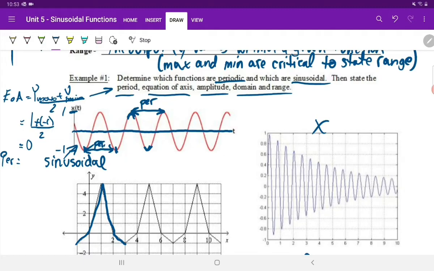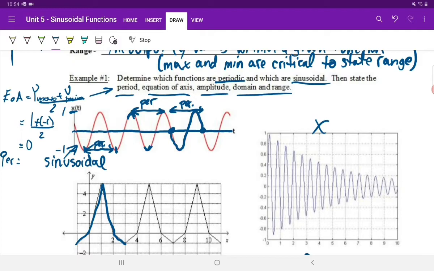It's the horizontal distance there for one cycle. Okay, one cycle. Also, I can draw another cycle from here, going all the way up and then coming back down before the shape repeats again. This would also be considered the period. So you can do your period from the equation of axis as well.